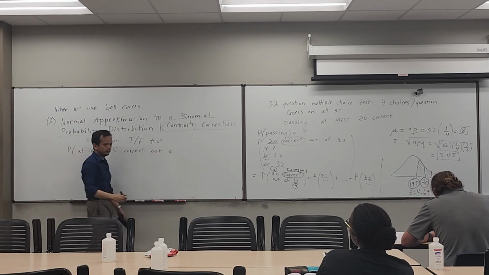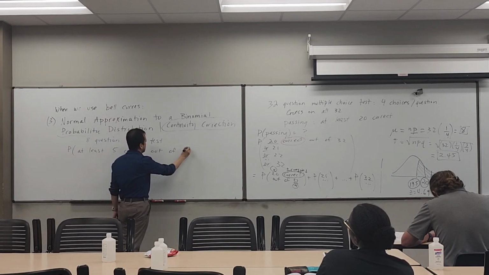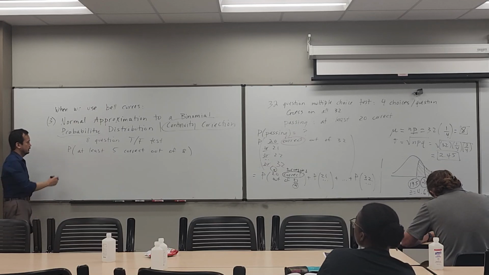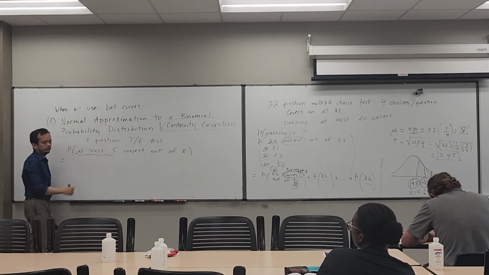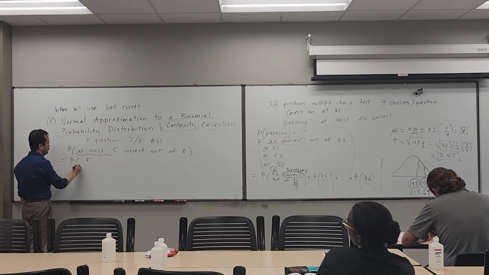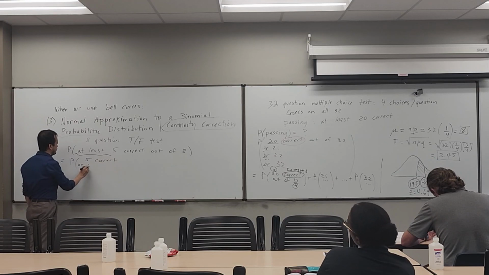Let's say that getting 5 correct out of 8 is passing. So at least 5 correct out of 8 means that you either get 5 correct out of 8, or you get 6 correct out of 8, or 7, or 8.